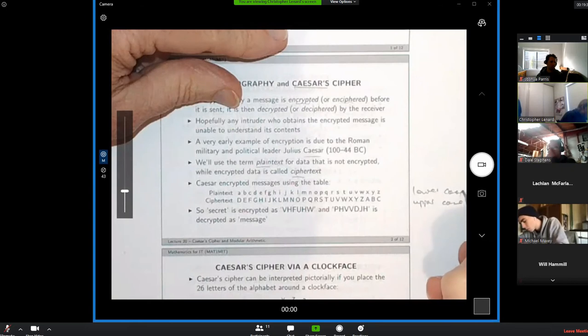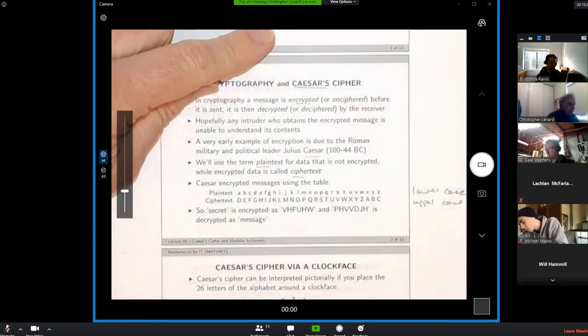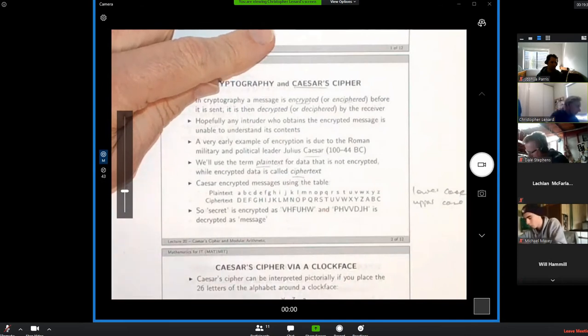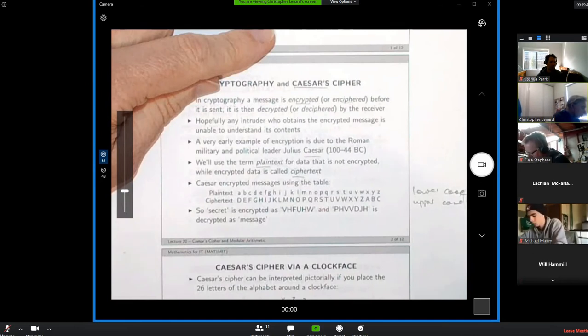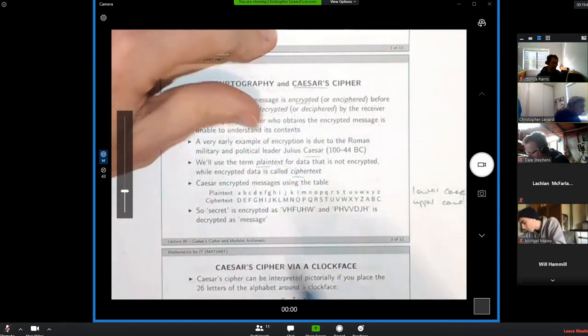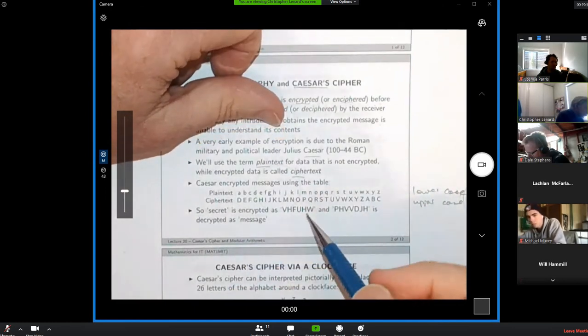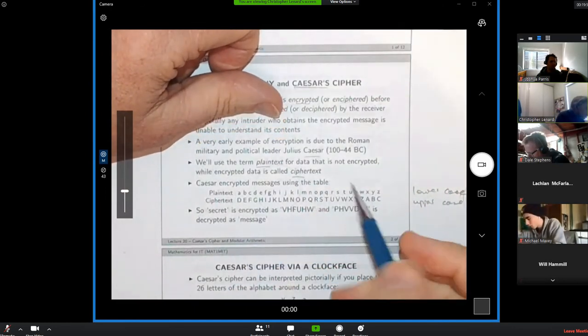Somewhere along the line, I'll tell you why they're called lowercase and uppercase. I think it's quite interesting. So the idea is it's a simple substitution.